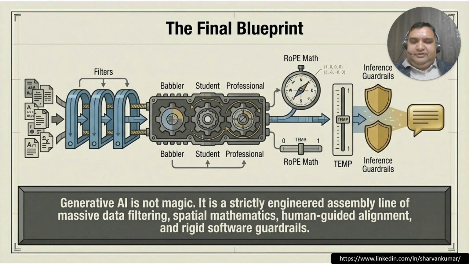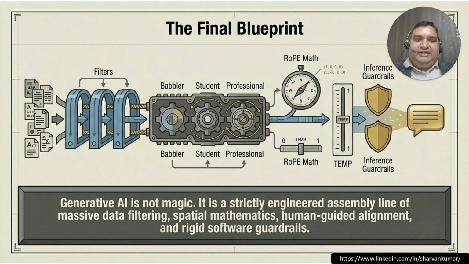So finally, I hope you understand the engineering behind it: the assembly line of complete data filtering, getting the raw data, the stages of the model as a baby, student and professional, then positioning, and the inference guardrails. I hope I'm able to make you understand that when you just talk to ChatGPT, it is not just a request and response.